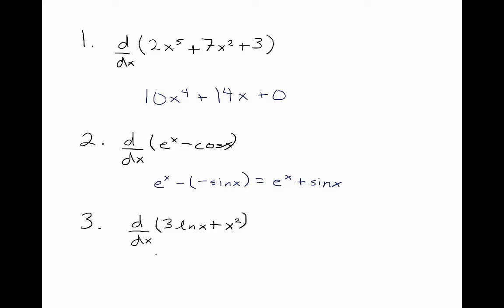They're really easy to make. And then the last one, we have 3, and the derivative of log x is 1 over x, so we'll just put this 3 over x. And then the derivative of x squared, we just bring down the 2, knock down the power, 2x. Not too bad, I hope.